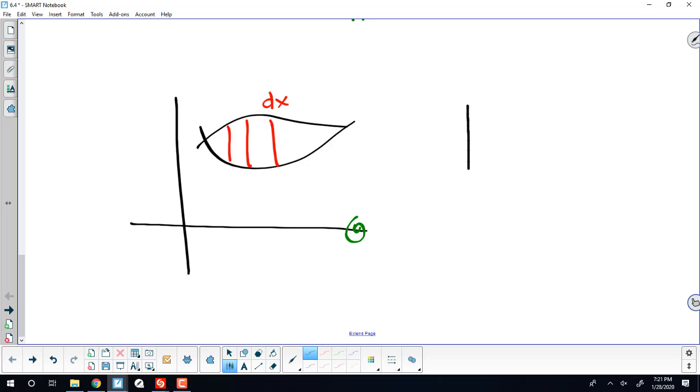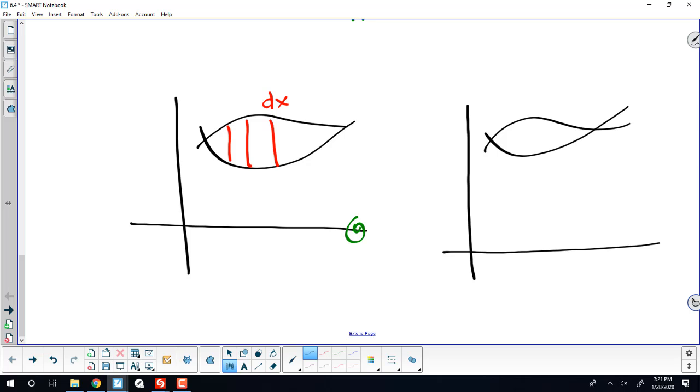If I'm revolving the same region around the y-axis, and I do this, again, this thing was easier to integrate with respect to x. I'm revolving it around the y-axis.